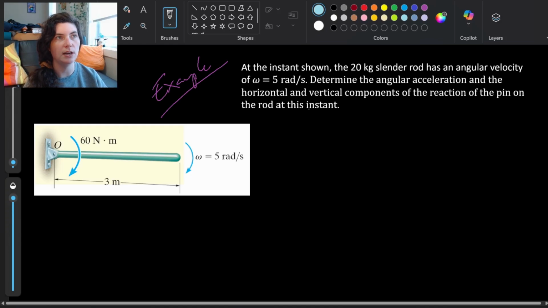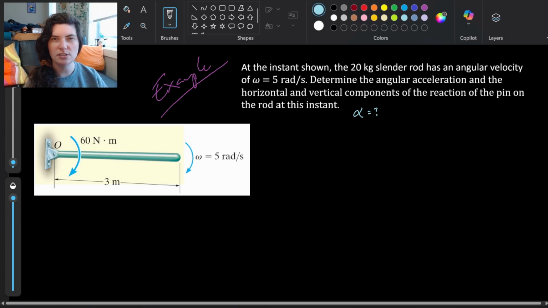There also seems to be an applied moment of 60 newton meters, and we have that angular velocity of 5 radians per second at that moment. So we're trying to find our angular acceleration, and then the horizontal and vertical components of the reaction at the pin.